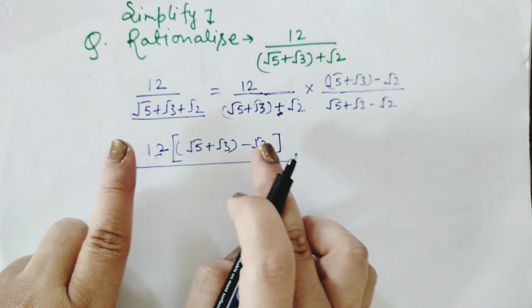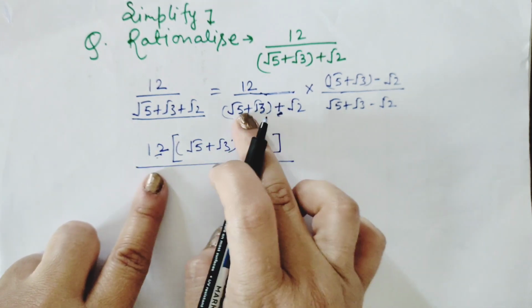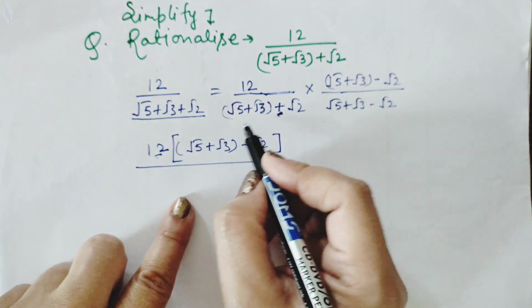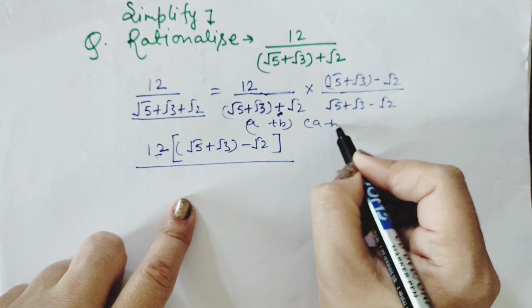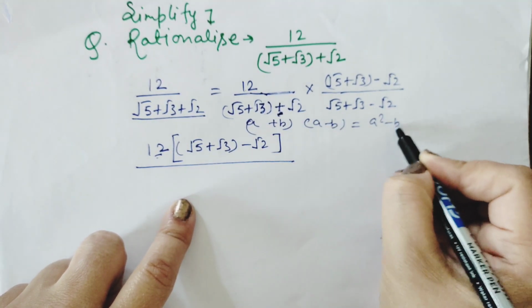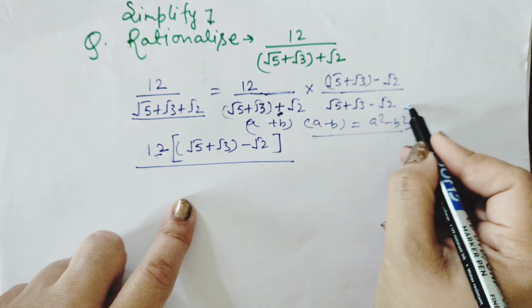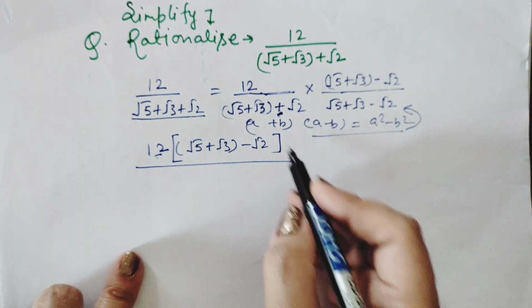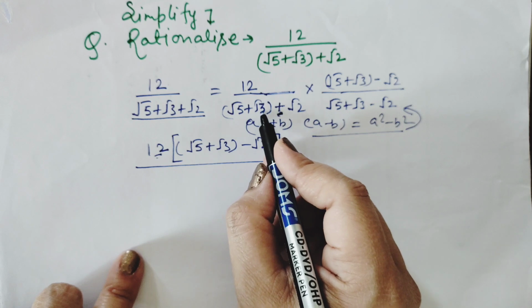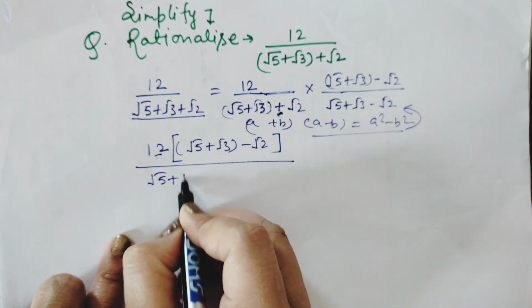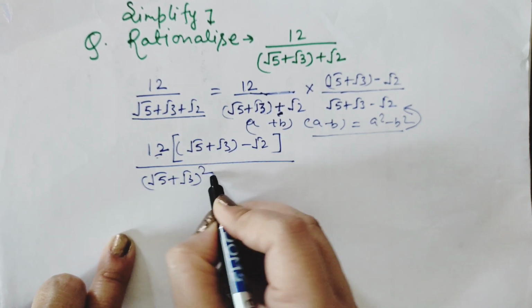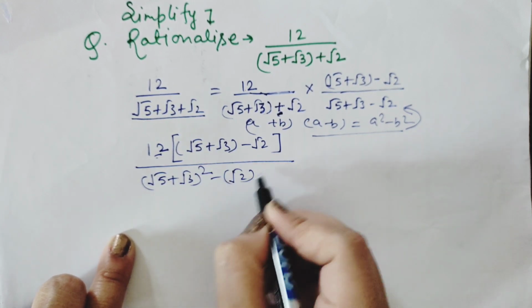So we will write the numerator in this step as it is, and in the denominator we will apply the identity a plus b and a minus b is equal to a square minus b square. This identity we will apply in the denominator. So your a is root 5 plus root 3 and b is root 2. So root 5 plus root 3 whole square minus root 2 square.